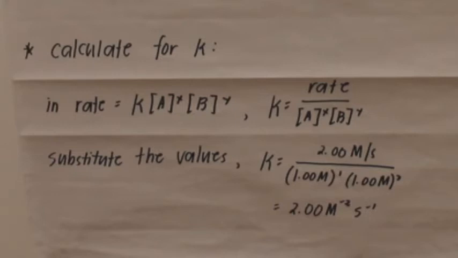We now get the constant is equal to the rate divided by the initial concentration of A raised to x multiplied by the initial concentration of B raised to y. Substituting all the values we got a while back, we now get the constant value, which is 2 meter raised to negative 2 multiplied by second raised to negative 1.